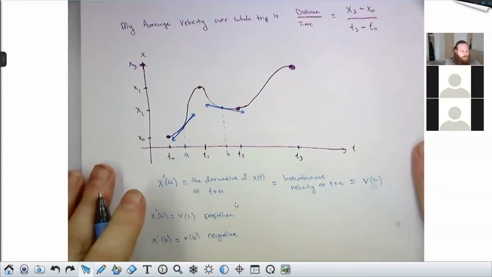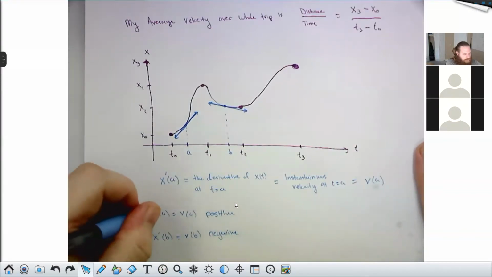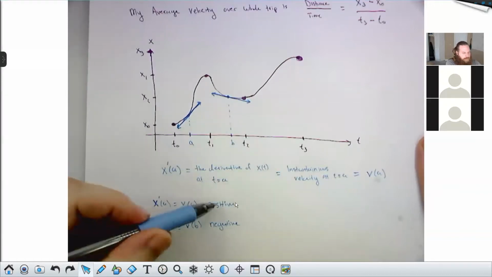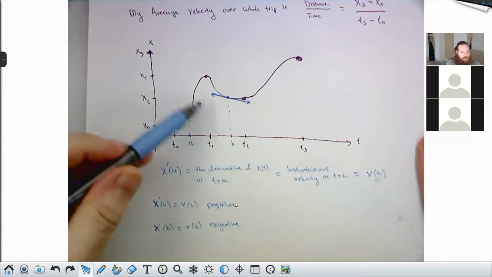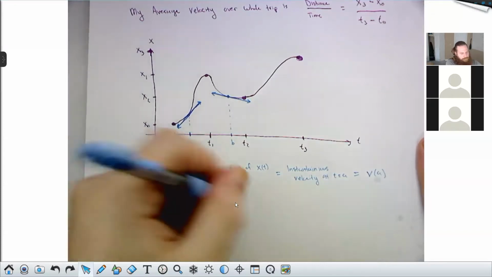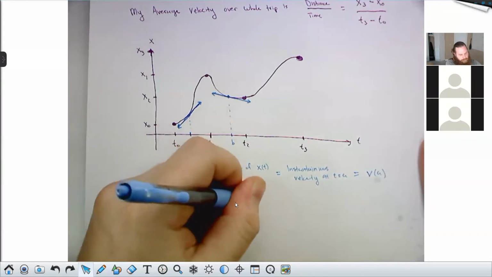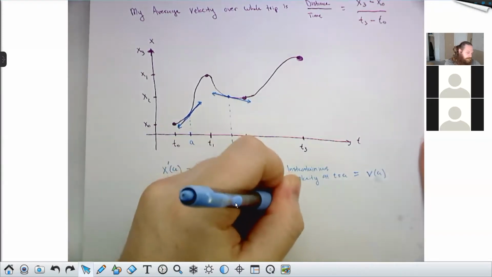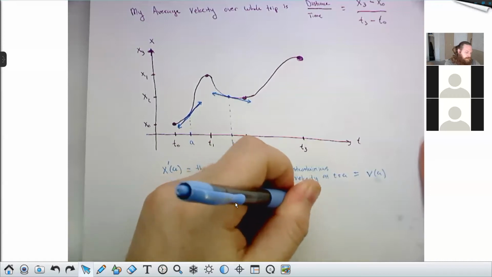And you want to know how to interpret this in the context of the motion problem here. The fact that my velocity is positive here, the fact that this tangent line has a positive slope, means I'm moving in the positive direction, the increasing x direction.